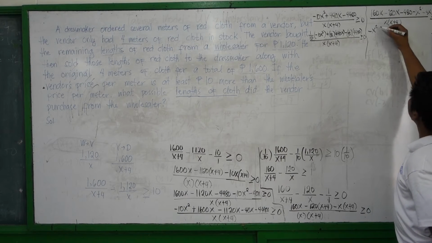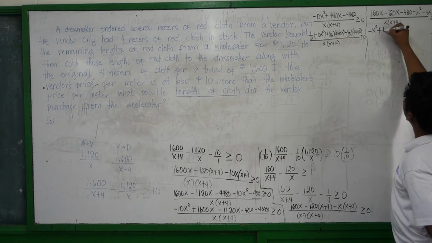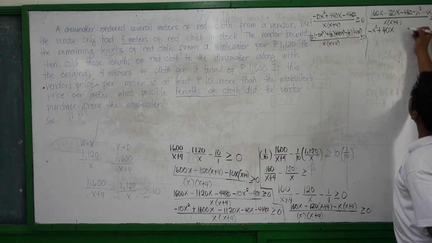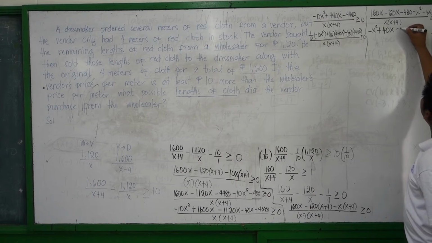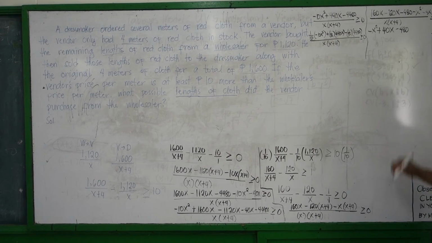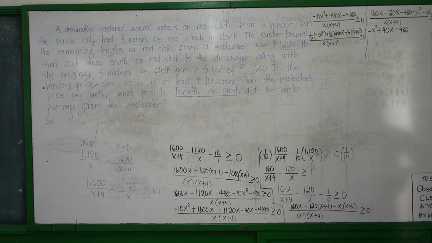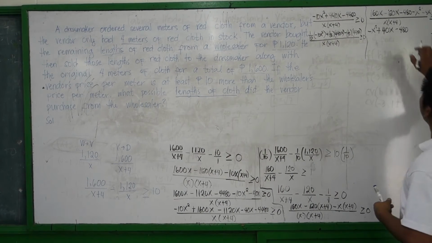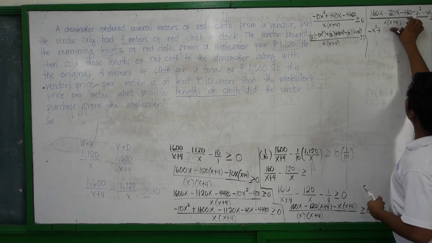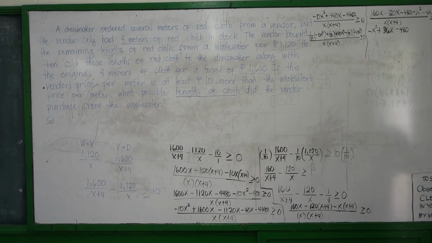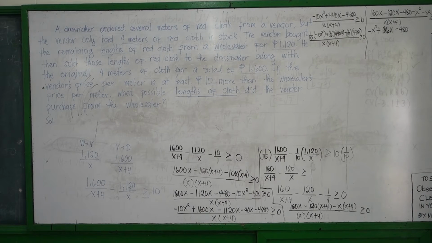This would be plus 40x minus 480. Then minus 4, so that would be 124.